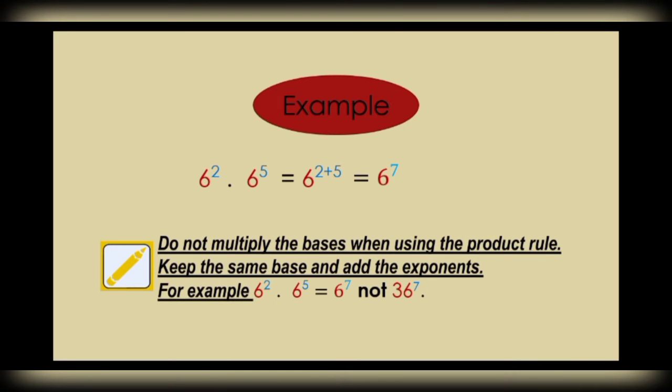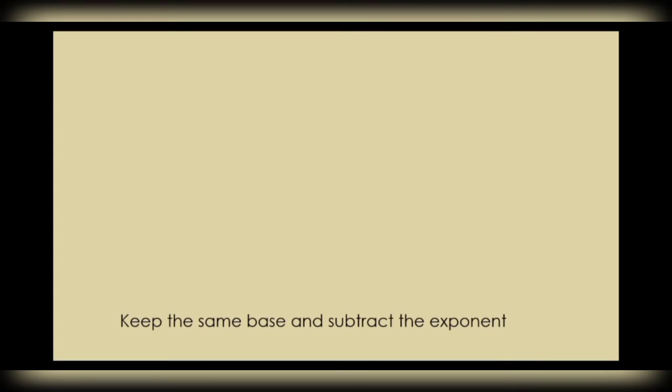Keep the same base and add the exponents only. For example, 6 to the power of 2 into 6 to the power of 5 is equal to 6 to the power of 2 plus 5, meaning 6 to the power of 7, not 36 to the power of 7. Is it clear?